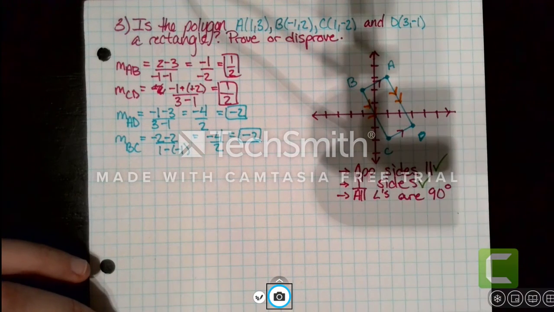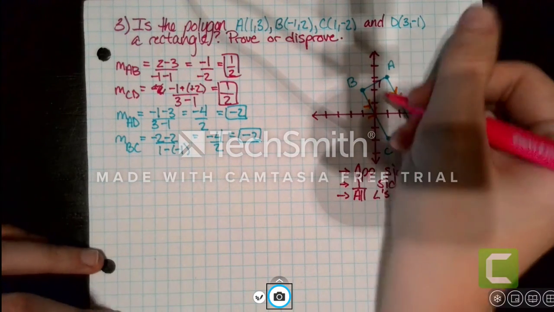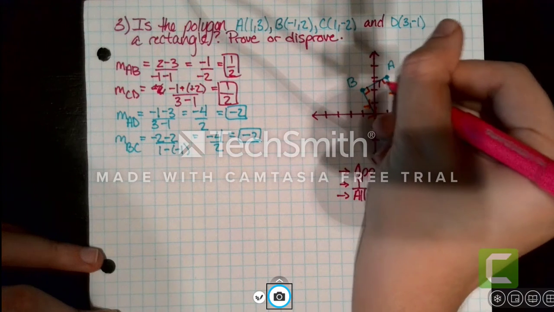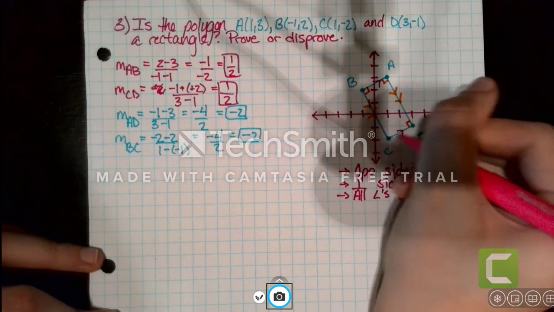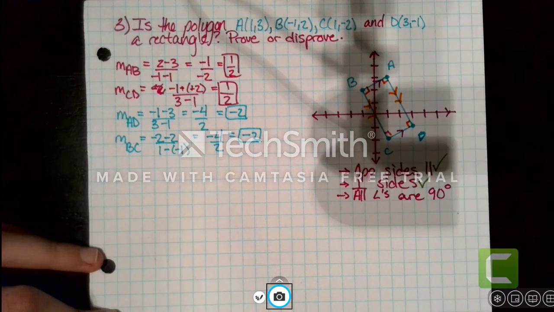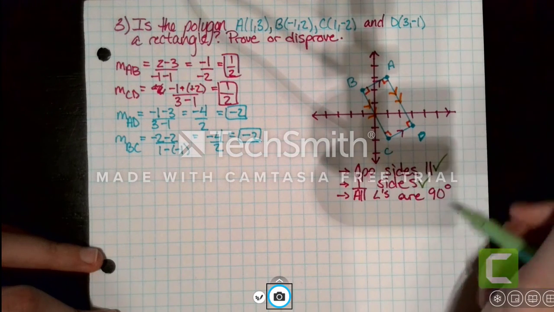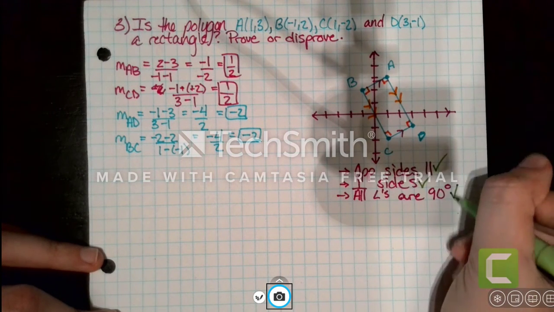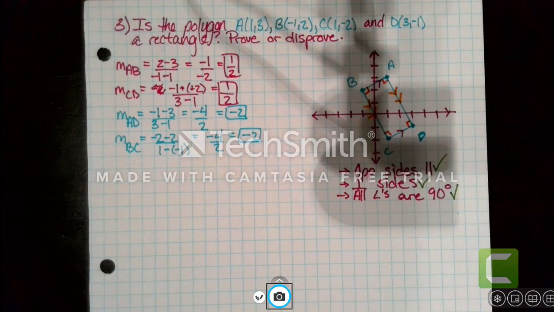And if all sides are perpendicular, that means by the definition of perpendicular that every angle A, B, C, and D measures 90. Knowing this, we can begin our proof.